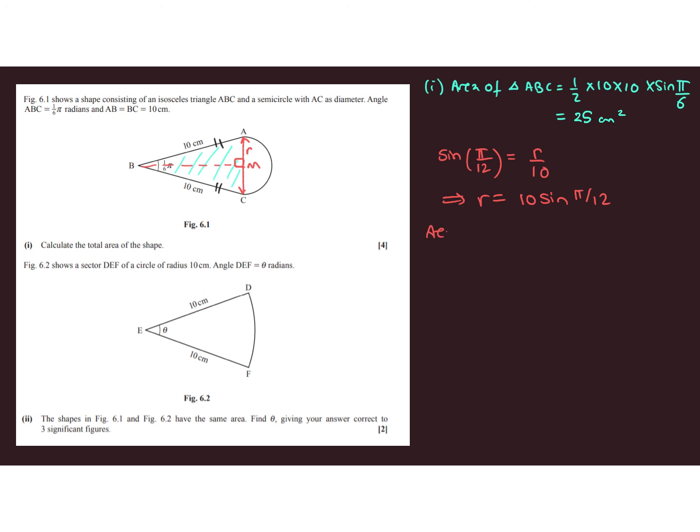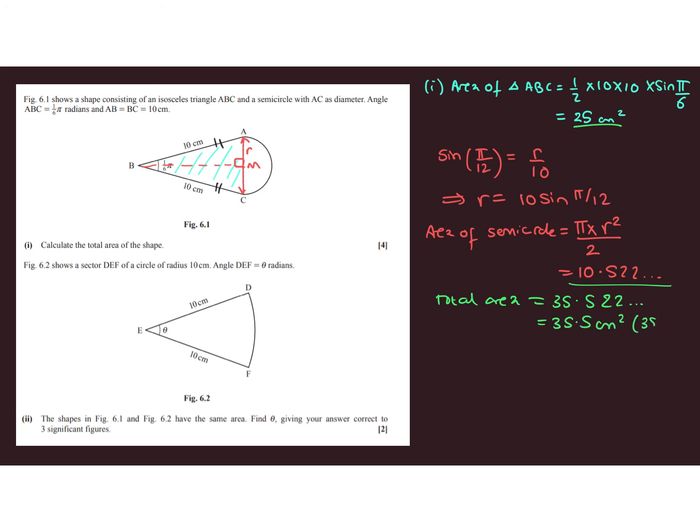And then the area of the semicircle is equal to pi times r squared over 2, which gives me 10.522 dot dot. So the total area is of course the sum of these two values, which is 35.52 dot dot dot, or 35.5 centimetres squared to 3SF.